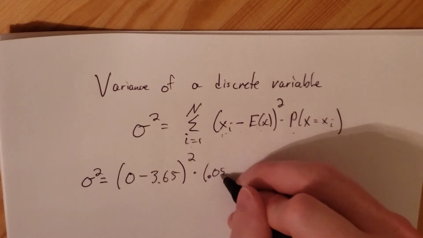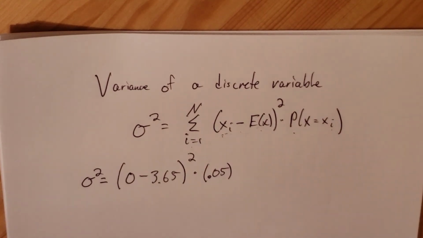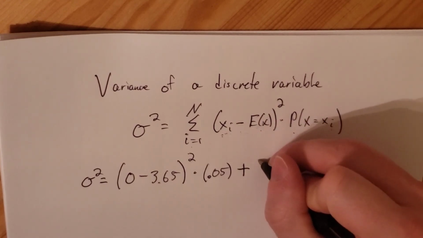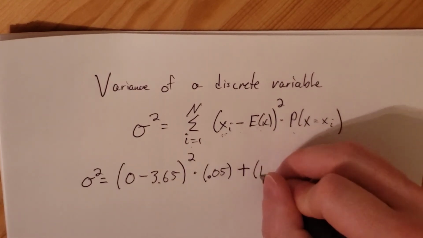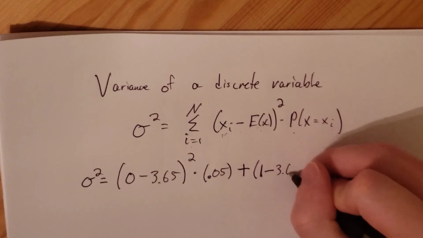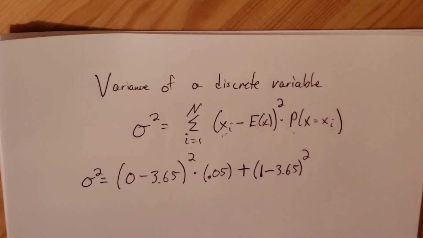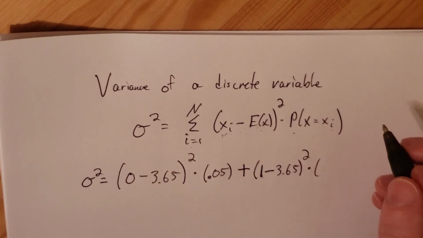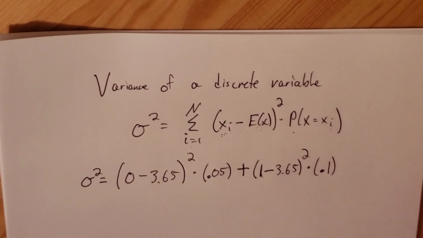And recall that that was 0.05 or 5%. Plus, our second value was 1 minus the mean, all of that squared, times the probability that 1 occurred, and that probability was 0.1 or 10%.